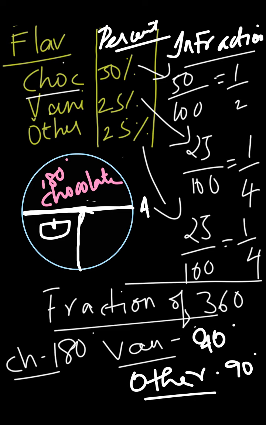You should be very careful about it, because if you do it wrong, it's going to go wrong. And obviously this is again 90 that is remaining. Let's mention it, this naming is very important. So vanilla here, that is 90 degrees, and other flavors, that is also 90 degrees. That's all. Your pie chart is done.